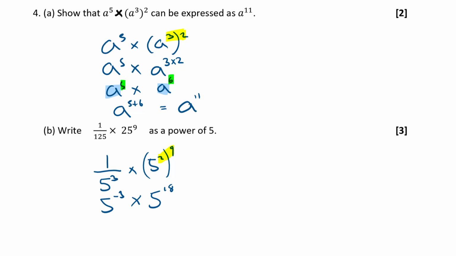So 5 to the power of negative 3 times 5 to the power of 18. And again, I've got two numbers now with the same base. So what I'm going to be doing then is adding the indices together. So I'm going to be adding negative 3 and 18 together, and that is going to give me 5 to the power of 15. Okay. Write it as a power of 5. I have. Let's move on.